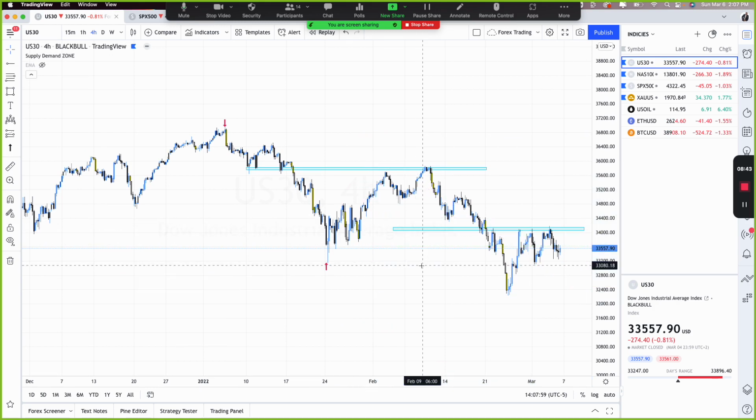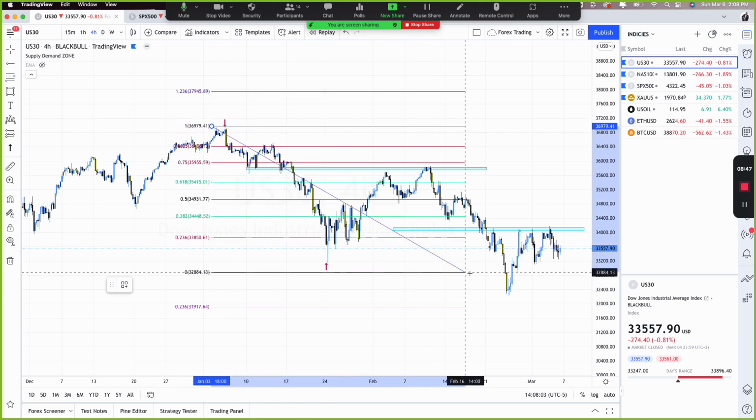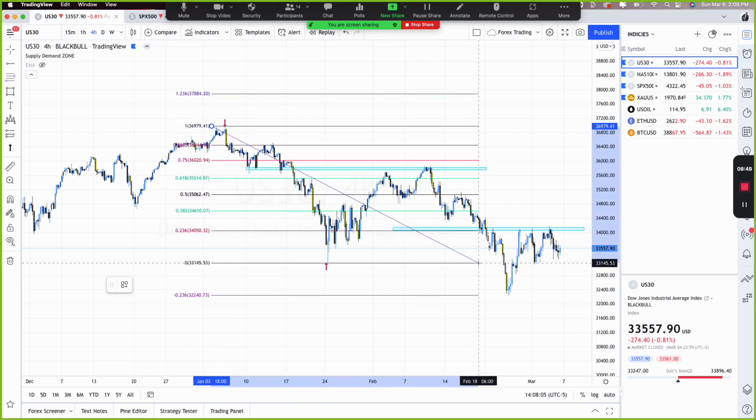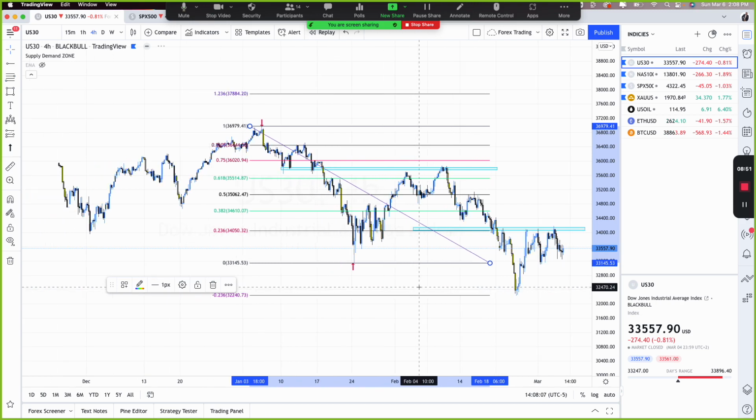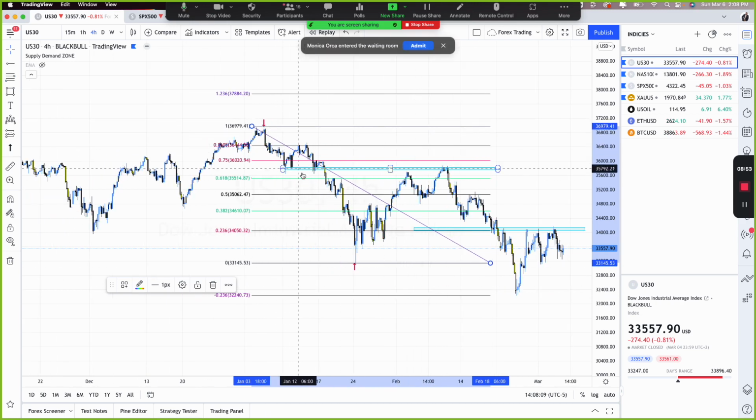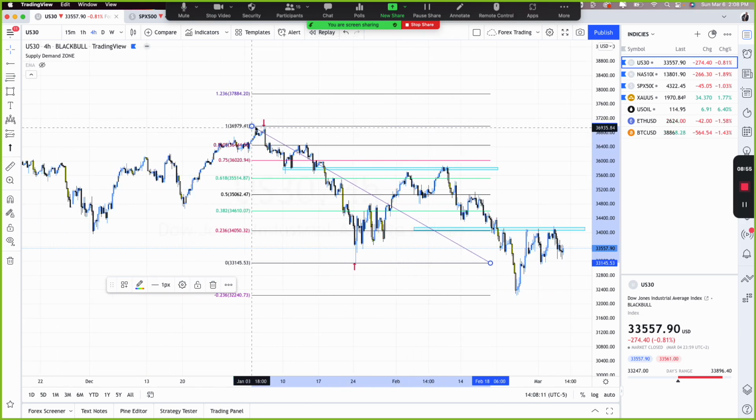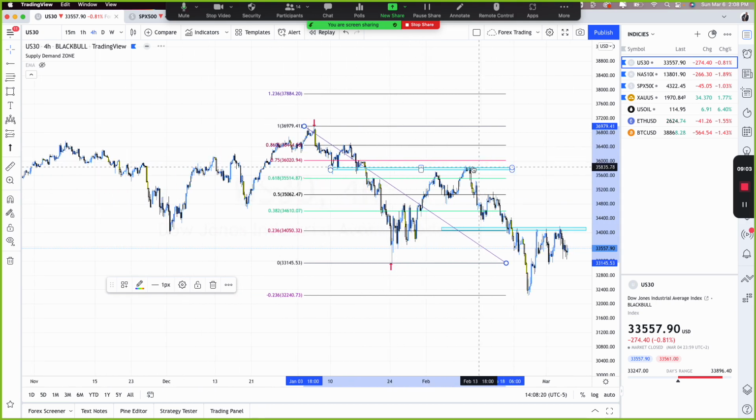Now watch this. Let's take that initial swing that we had. It's about here. It doesn't have to be exact. It made the move from 1 to 0 or 0 to 1, doesn't matter, it's the same move. After it retraced, I would say this is around 70%.